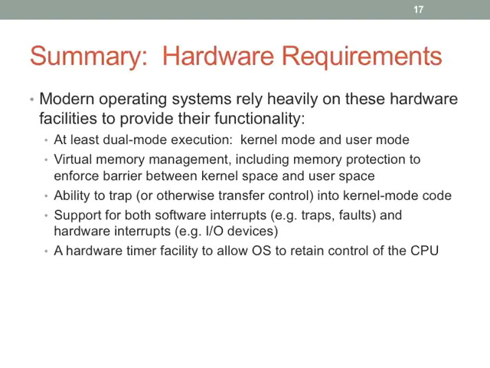If I have isolation and protection set up, then I need a way of getting in. That's the trap mechanism. I have to have software interrupts and hardware interrupts so that I can implement preemption, and also have devices interrupt me when they're ready so that I can have an efficient operating system. And the hardware timer facility allows me to implement preemption as well. These are all the things that are required for modern operating systems. Any questions?